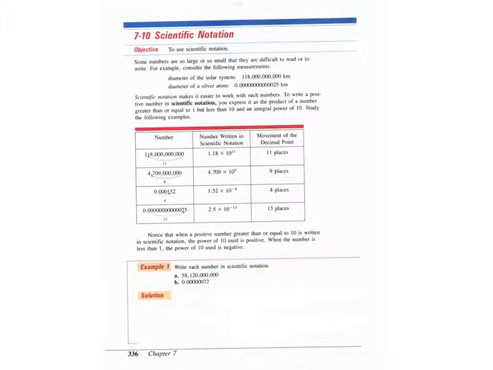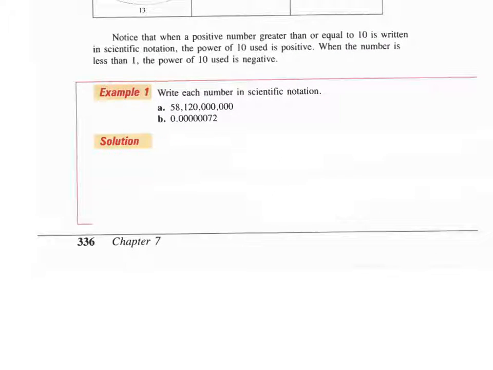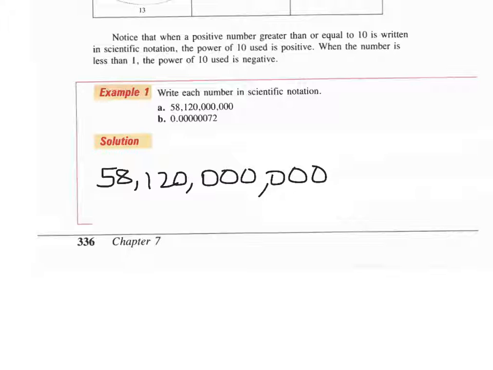So for example, if I do example 1 here, my number is 5,812,000,000 (58, 1, 2). Now I'm going to count how many times it's going to take me to move my decimal point so that I have a number between 1 and 10.